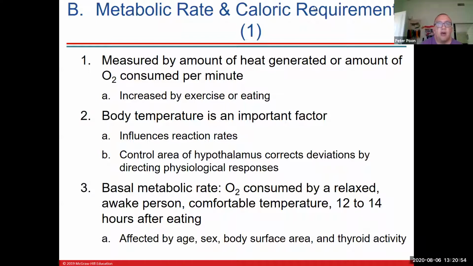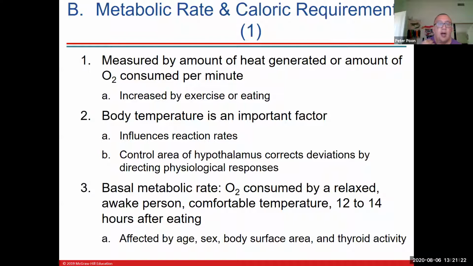So metabolic rate is measured by the amount of heat generated or the amount of O2 consumed per minute. And usually that's the easier way to measure it. So you just see how much oxygen you're breathing in. Body temperature is an important factor because we spend a lot of our energy actually regulating our body temperature.